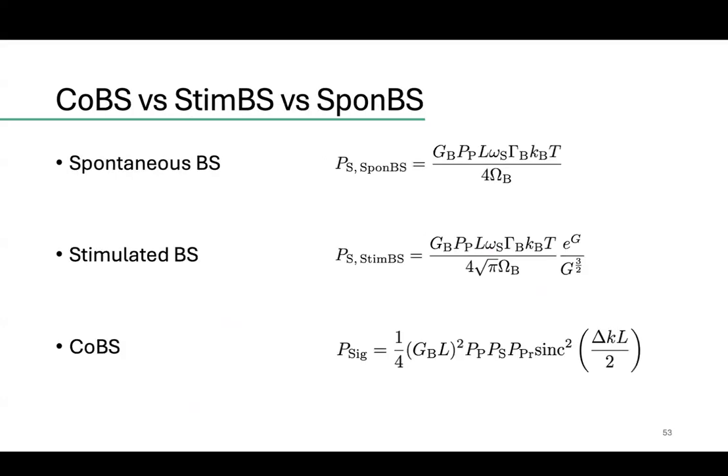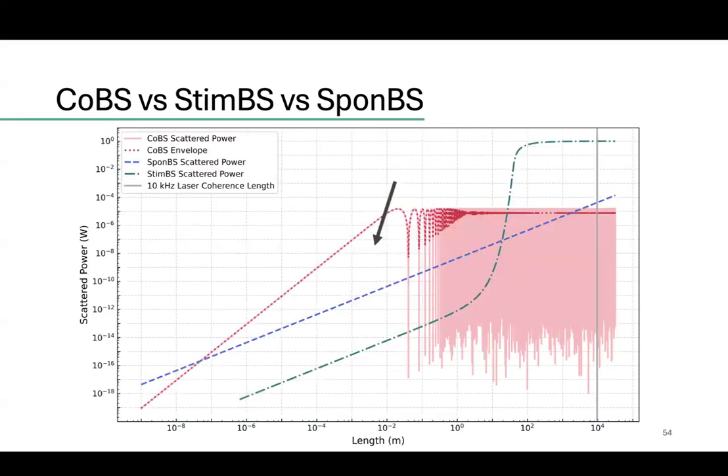Here are the respective scattered powers for the 3 flavors of Brillouin scattering. We have our spontaneous, stimulated, and now our CSBS scattered power process. And because this doesn't really do much for our brains to stare at, I've plotted and modeled each for identical parameters, whereby you can see the scattered power for a range of smaller lengths, especially around 1 centimeter.